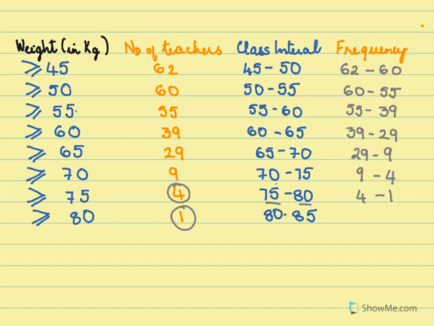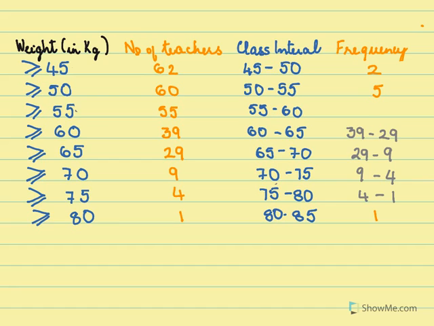So that is 4 minus 1. And greater than 80, see, this is more than 80. More than 80 will be between 80 and 85, and that will be 1. So the first one here, when you subtract, you'll get 2. On next subtraction, it'll be 5.